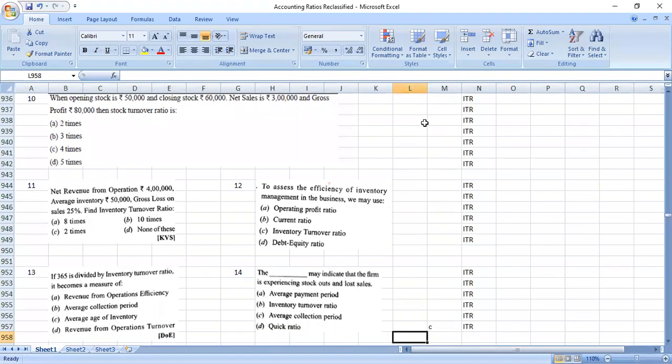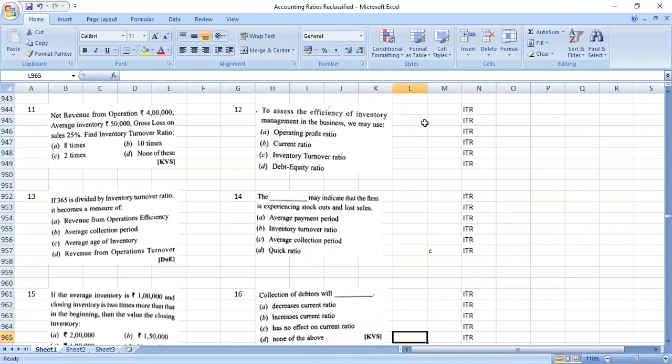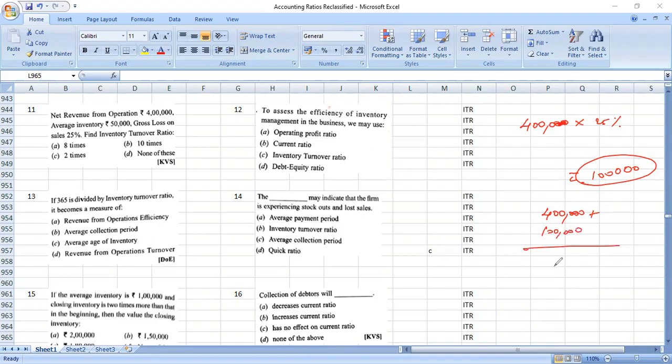All right, moving forward, my dear children. 11th one. Net revenue from operation 4 lakh, average inventory 50,000, gross loss on sales 25%. Nice. The loss. So 4 lakh is the net revenue from operation. Your loss is 25%, which is 1 lakh rupees. 4 lakh rupees is the sales plus 1 lakh rupees loss will give you cost of 5 lakh.